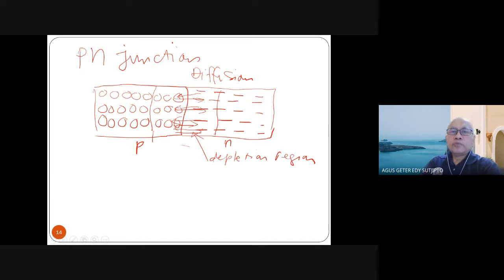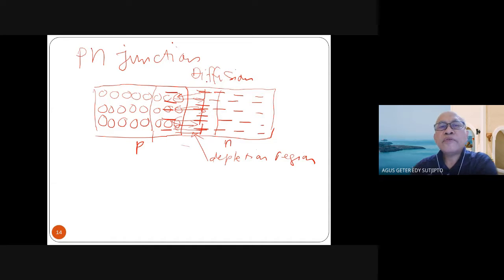Okay, so the diffusion of electrons and holes here will generate the potential difference. Many holes moving here, so this will be more positive, and here will be more negative. Because of this diffusion, it will generate the potential difference between the p region and the n region.